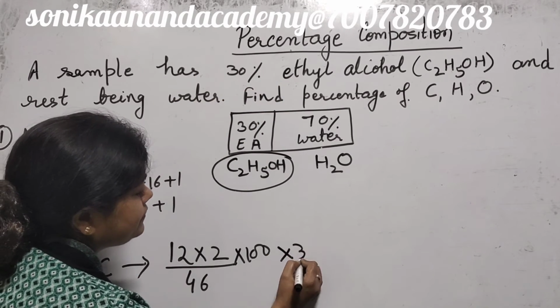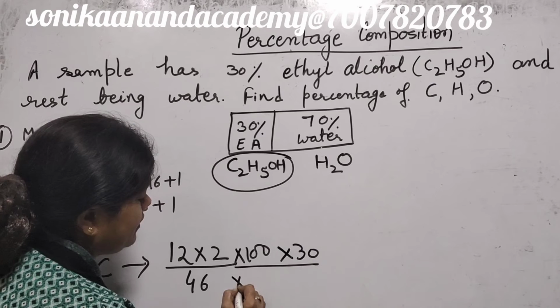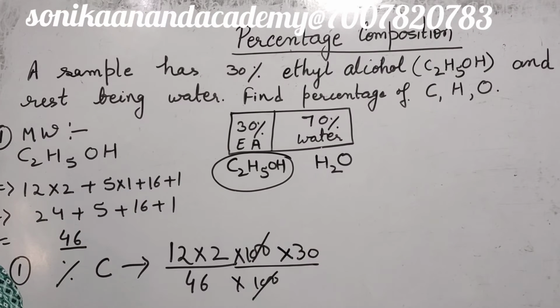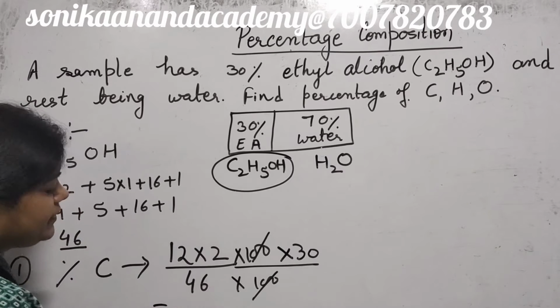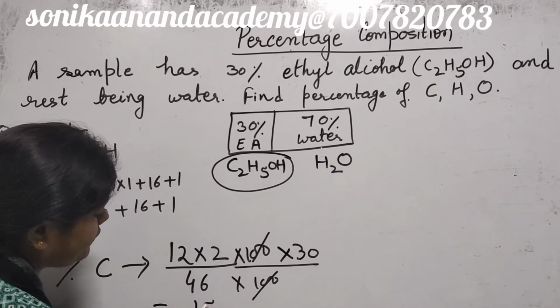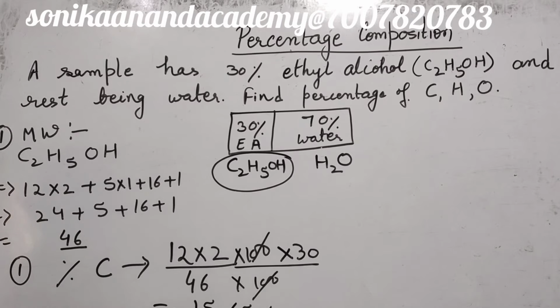So we write 30 into 100. Both 100 get cancelled. Clear? Now you solve it. When you solve, you will get the answer 15.65%. Okay? Clear? What was our formula?